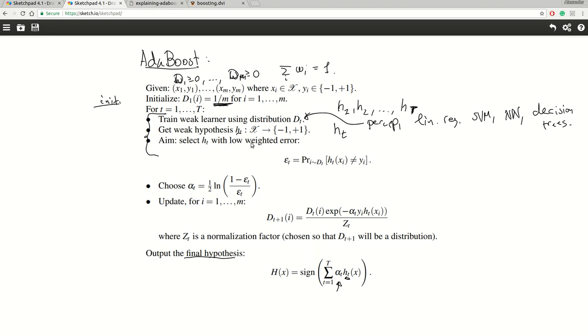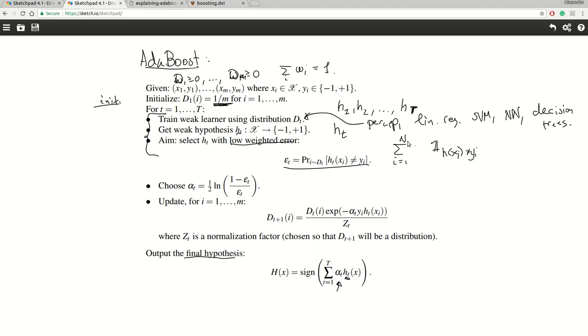We get a hypothesis, and we want a hypothesis that has a low weighted error. You can think of it kind of as an ensemble error rate, where we just incorporate the weight of the points.